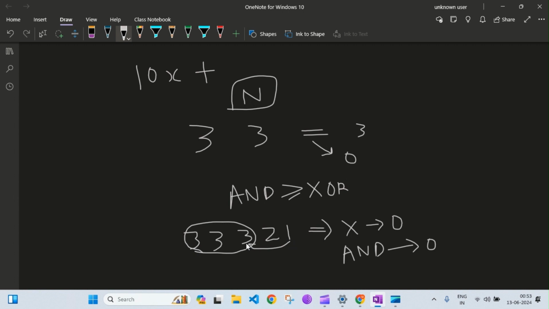If you have found any answer for n equals 3, just expand the first integer from the left side. If you have n equals 5, this one is the answer. If you have n equals 7, just add two more threes in the beginning, like this. So that's what my approach was.